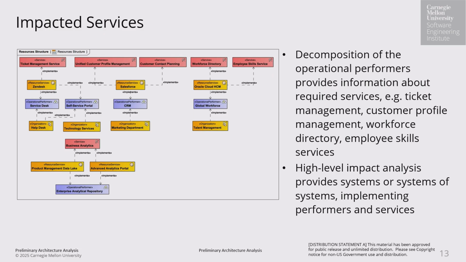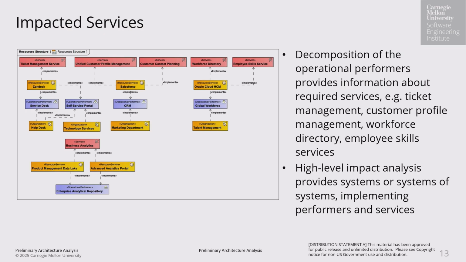And then as you move on to analysis of the services, you could see the ticket management service was identified here, customer contact planning, workforce directory, employee skills services. All those services are identified as impacted services because they are linked to particular performers.